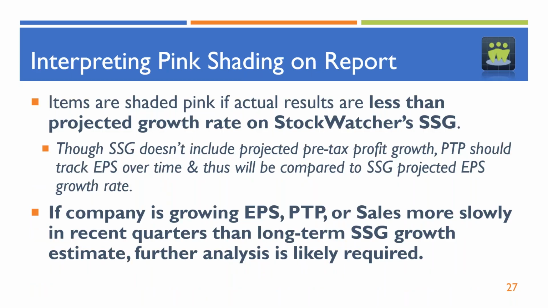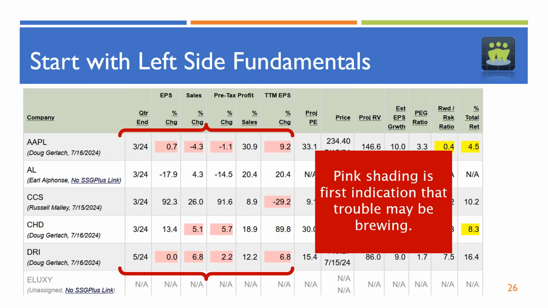So the way that a value gets shaded in pink is if the actual results are less than the projected growth rate on the stock watcher's SSG, right? So the thinking is, if we go back here and say, well, gosh, I projected Apple to grow earnings at 8% a year, and in the most recent quarter, earnings only grew 0.7%. That's important information.